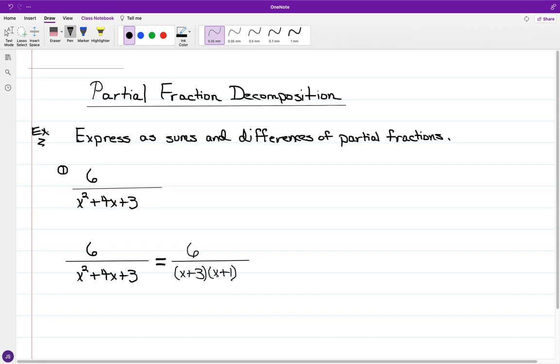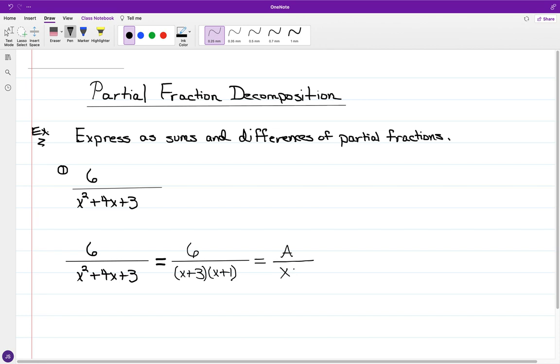And with the factors, we're going to have partial fractions. One that's going to have the denominator of x plus 3, and the other which will have x plus 1 at the bottom. So we have just setting the stage here.